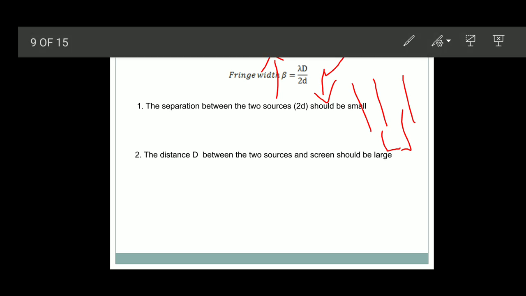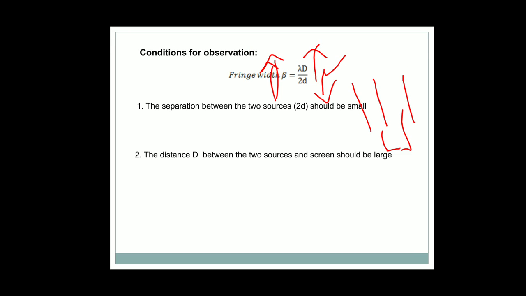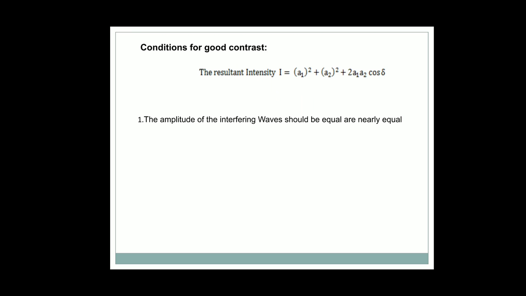As shown in this figure, if capital D is more, the fringe width is also more, so we can easily observe the interference fringes. The third point is that the background should be dark. If the background is dark, we can see easily even if the bright fringes are less intense. These are the conditions to observe the interference fringes.